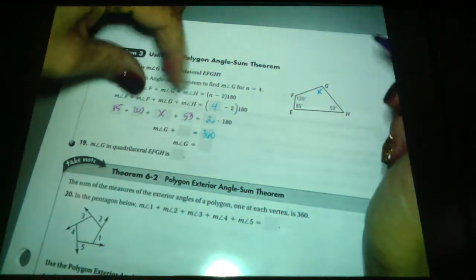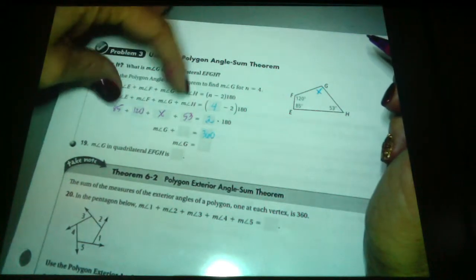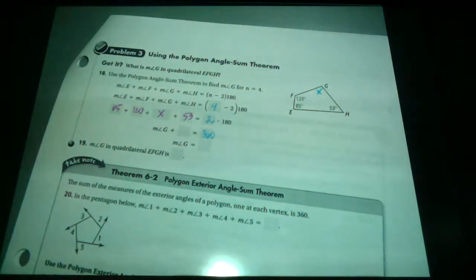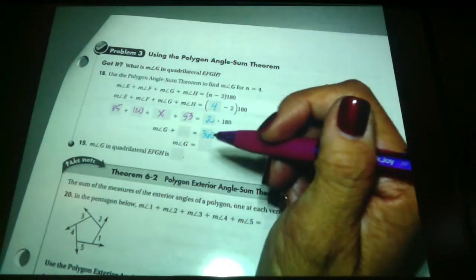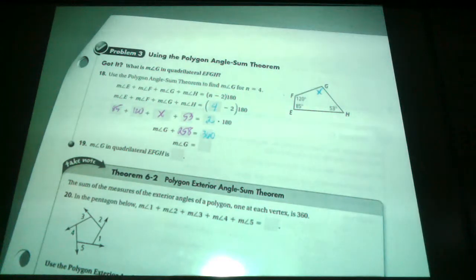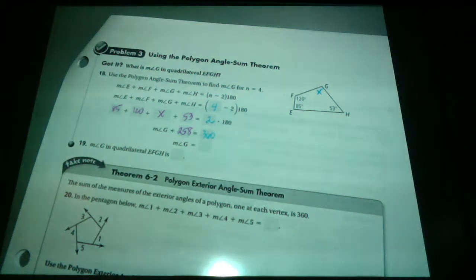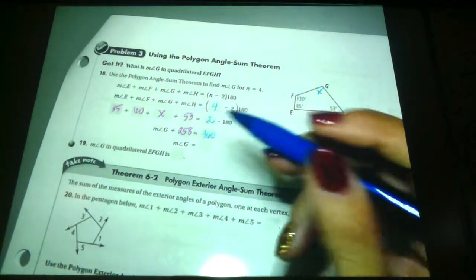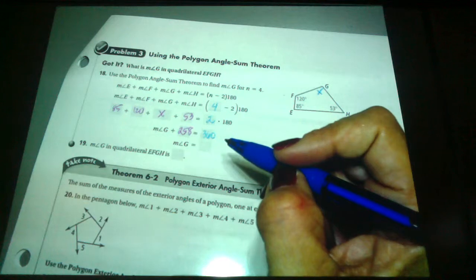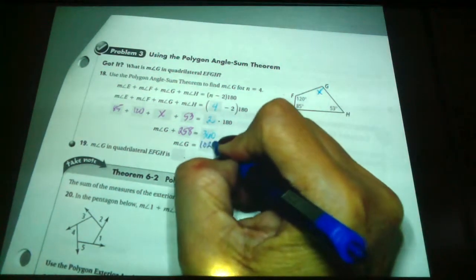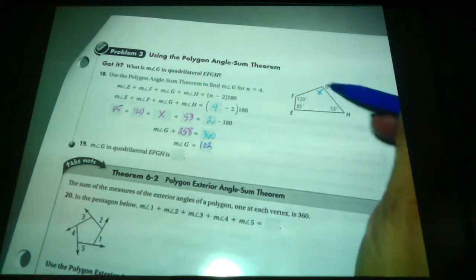So if I add up these 3 angles, and they're calling my x angle G, what do I get? 258. And then how are you going to solve? 360 minus 258, what do you get? 102 degrees. Does this look like it could be a 102 degree angle?